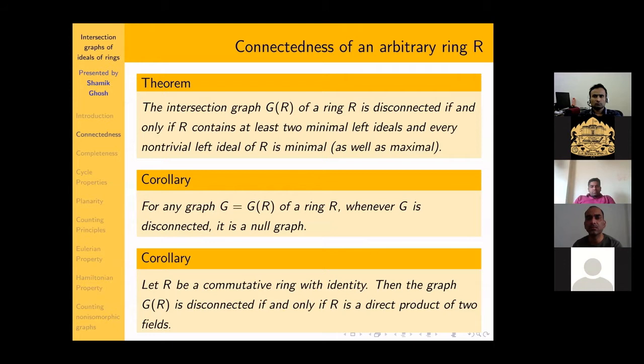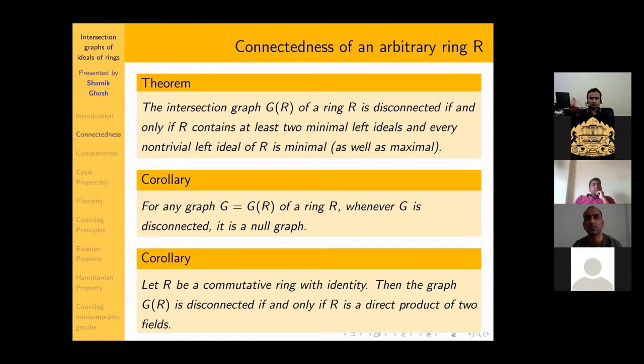So almost all intersection graphs of ideals of rings are connected, because for the disconnected case you find only the null graphs. Otherwise, all graphs are connected.